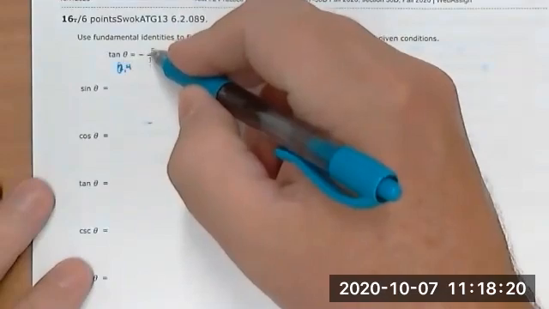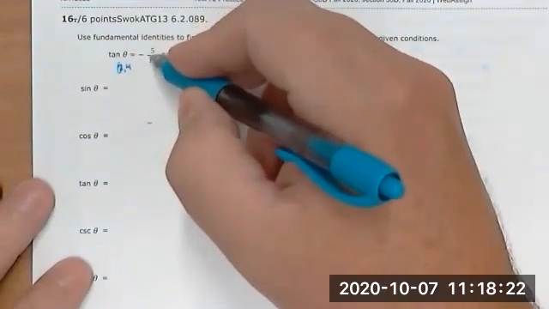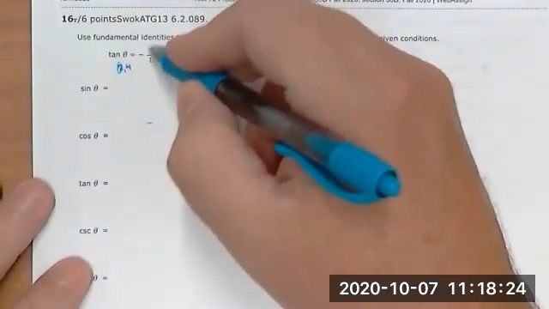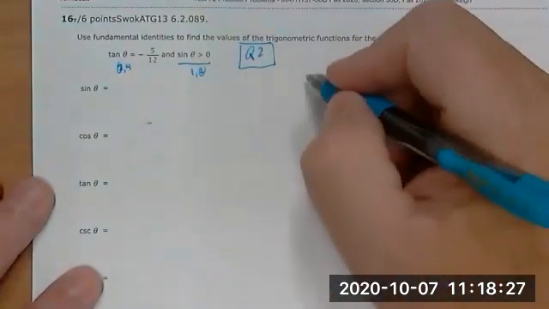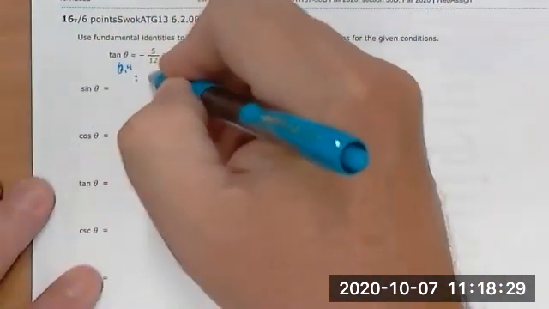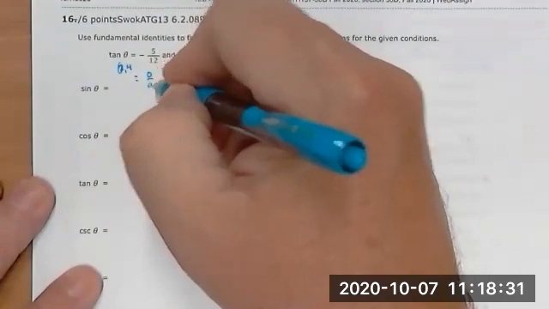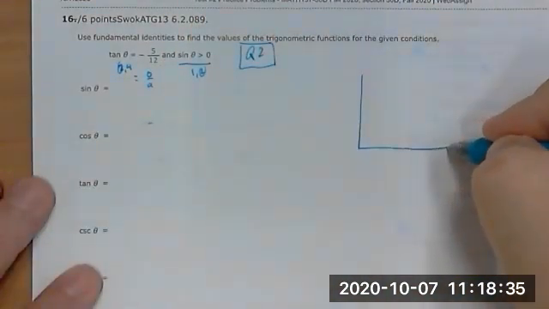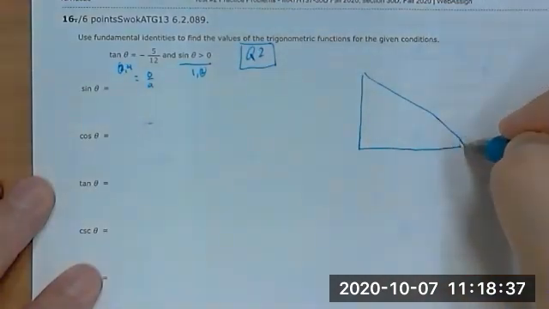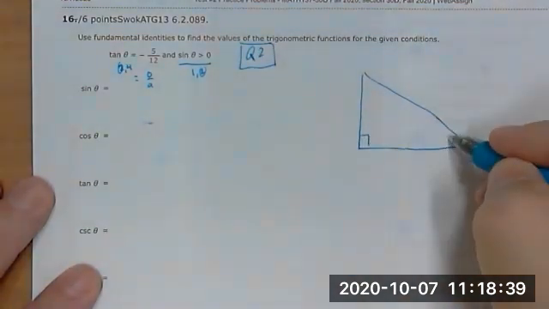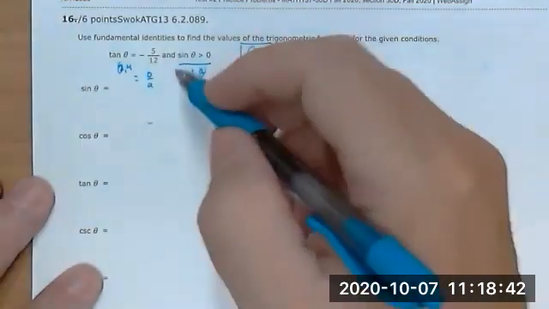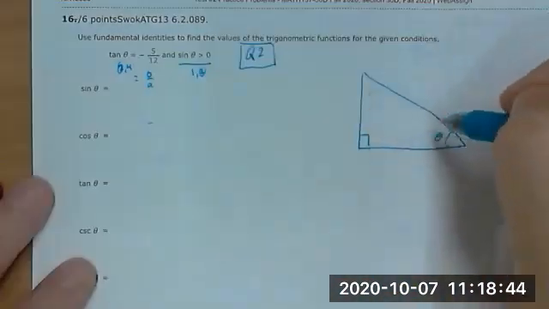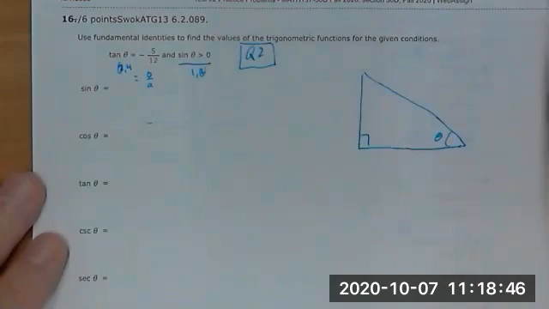So to find the numbers, I'm going to take this tangent function and recreate a right triangle based upon this. Of course, tangent, TOA, opposite over adjacent. Now really, when I create the right triangle, I don't care that the tangent's a negative number.